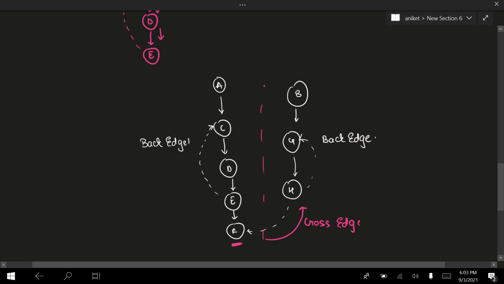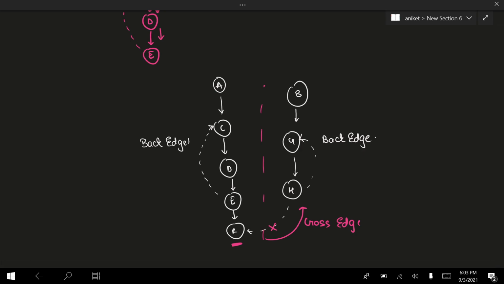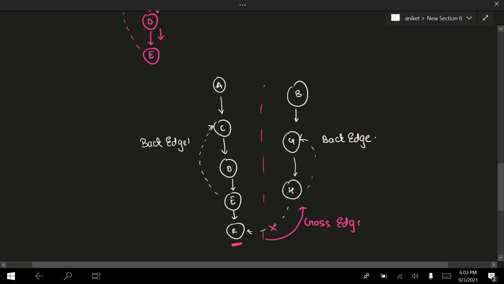Suppose I divide this, and suppose there was no edge here. Would it have been possible to traverse this whole graph? No, because if we start iterating from A, C, D, E, F, there is no way we can reach the other vertex. But if there is an edge which connects these two graphs, we can say that it's a cross edge.